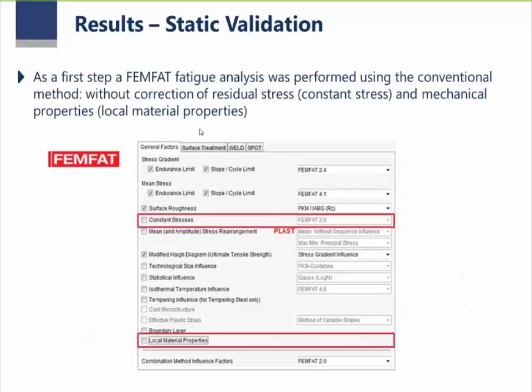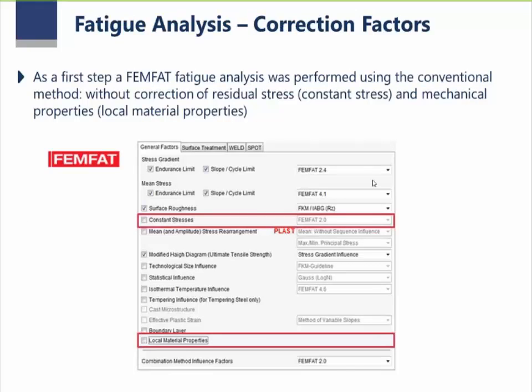So the standard procedure to simulate this fatigue situation is to consider the constant stress and local material properties. This constant stress we get, for example, as a residual stress from the MAGMA simulation, and sometimes you have compression and traction stress in some parts of the model.